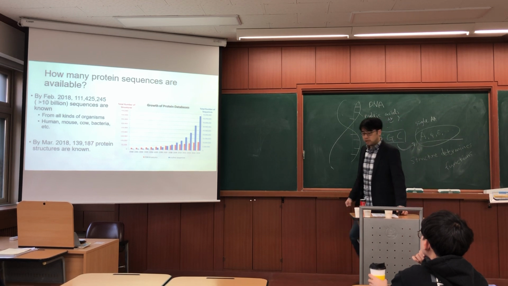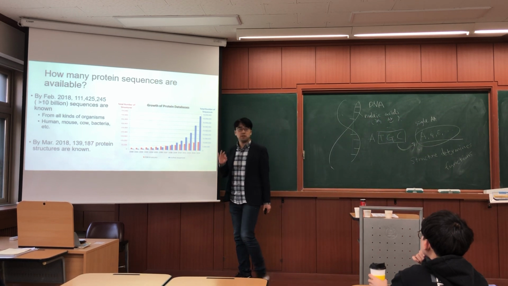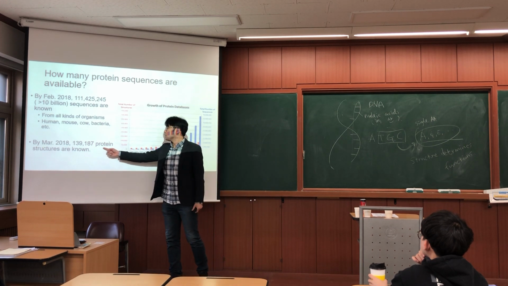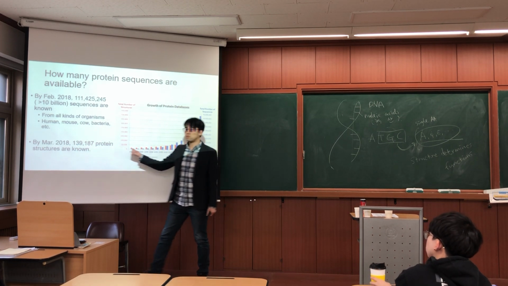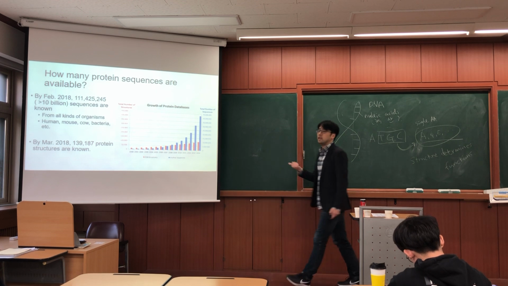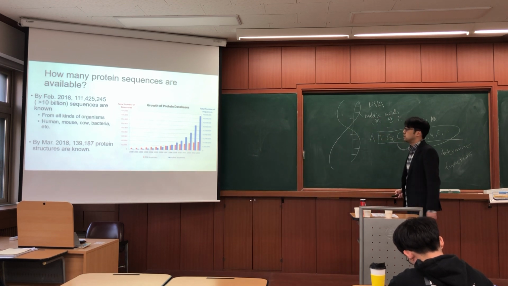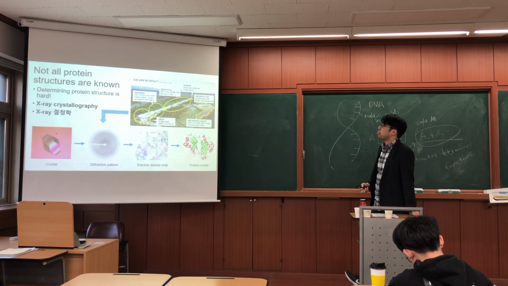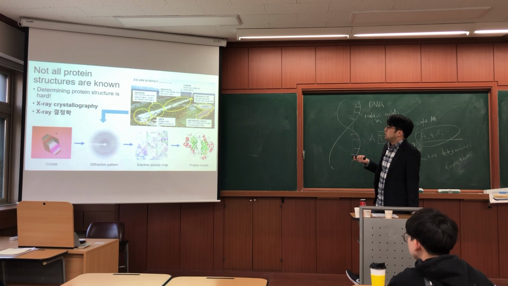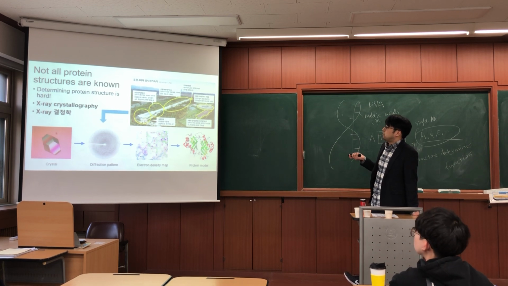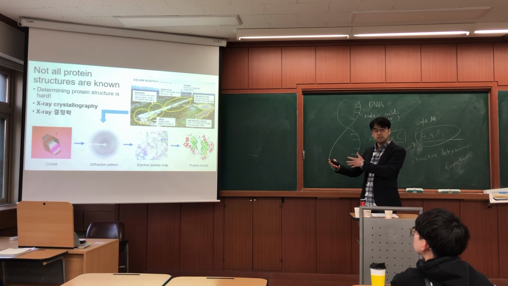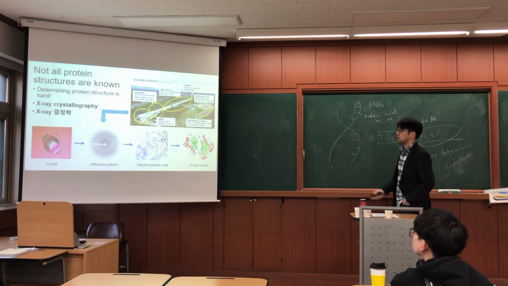But what about protein 3D structure? The number of known protein structures is much less than the number of known sequences. Why is it so? Because determining the protein 3D structure is much harder than sequence analysis.